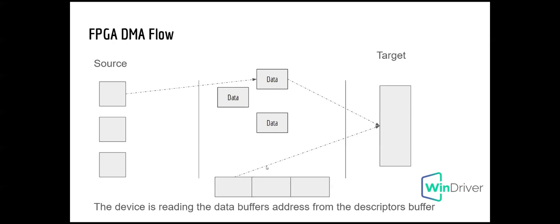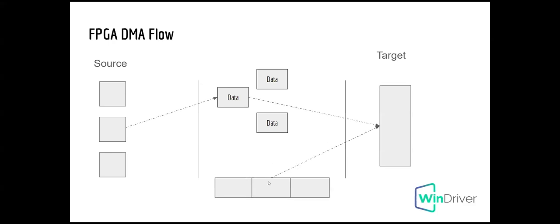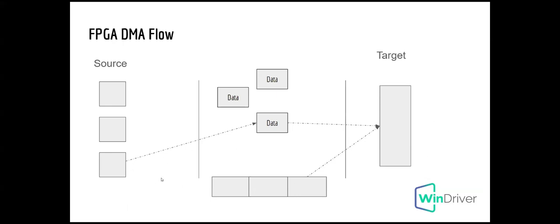This way it can access the data buffer and get the data transferred. After this descriptor is done, it holds the information on the next descriptor, which gives the target, the FPGA, the information on the next data buffer, and the target gets the data. And again, this happens with as many data buffers as the descriptor contains, until it reaches the last one.